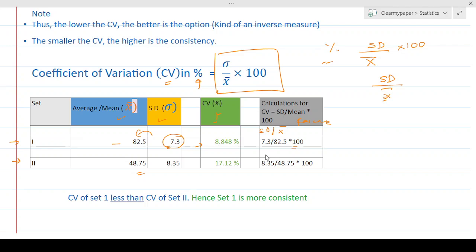Similarly over here, SD over mean, which is 8.35 over 48.75, multiplied by 100 for the percentage, I get 17.12%. And based on these, I can clearly see the CV for set 1 is less than the CV for set 2. The lesser, the more consistent. I know that, and hence set 1 is more consistent. Whatever is in green is your final answer. Easy 3 marks. You cannot go wrong with this.